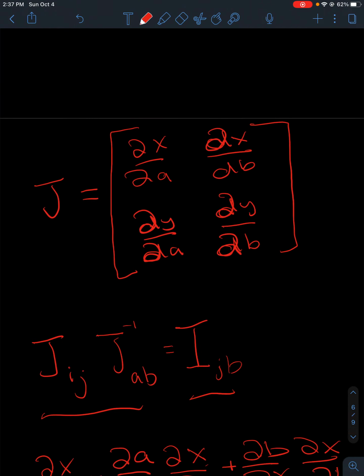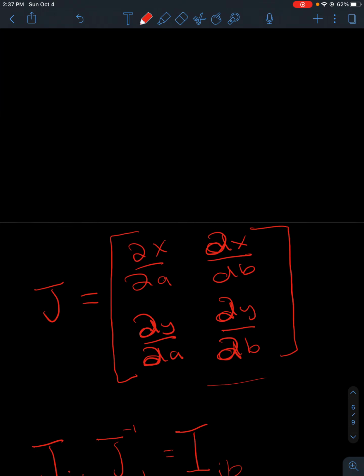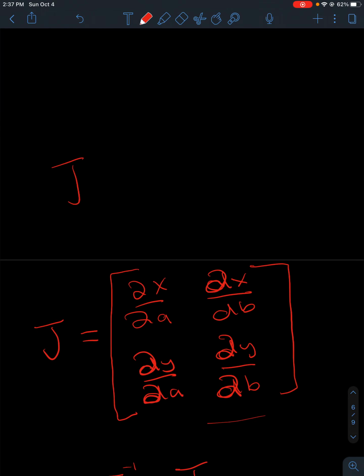Alright, actually multiply the Jacobian and the inverse Jacobian out. The inverse Jacobian would be the whole thing but flipped.